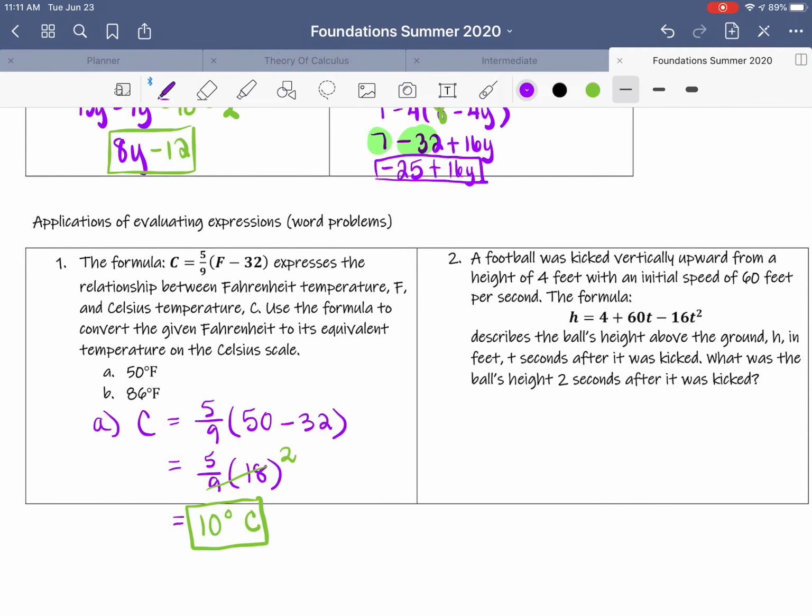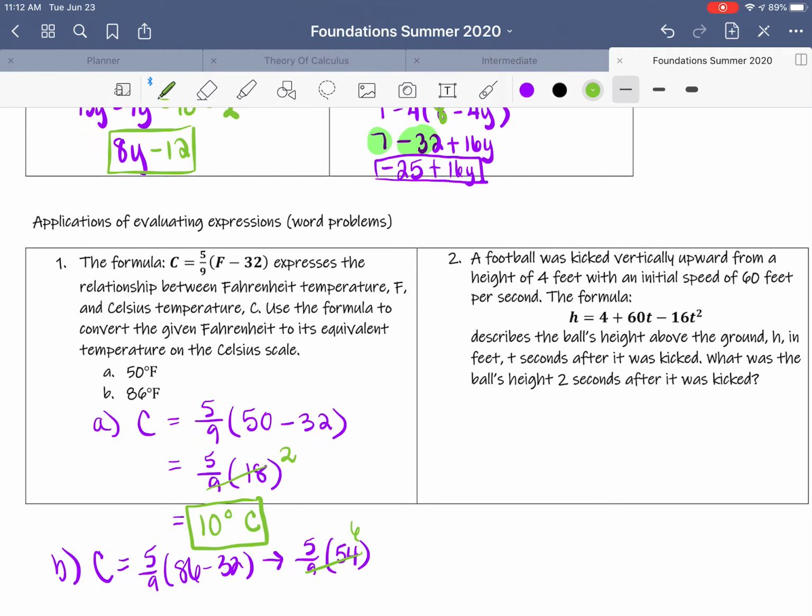Same thing with part B. I'm going to run out of room here. 5/9, Fahrenheit is 86. 5/9 times 54.